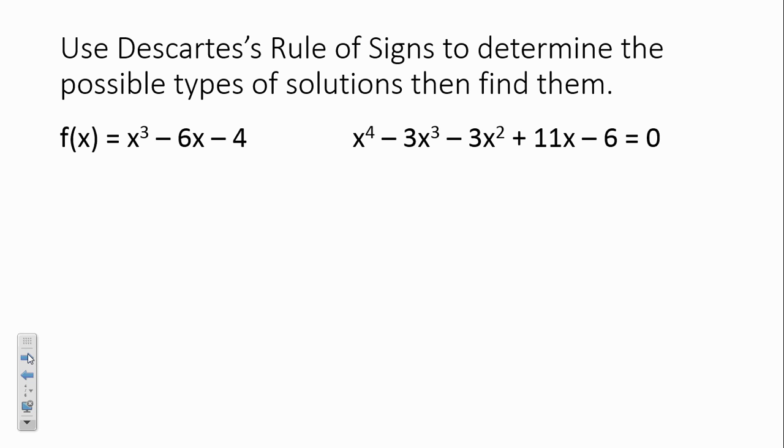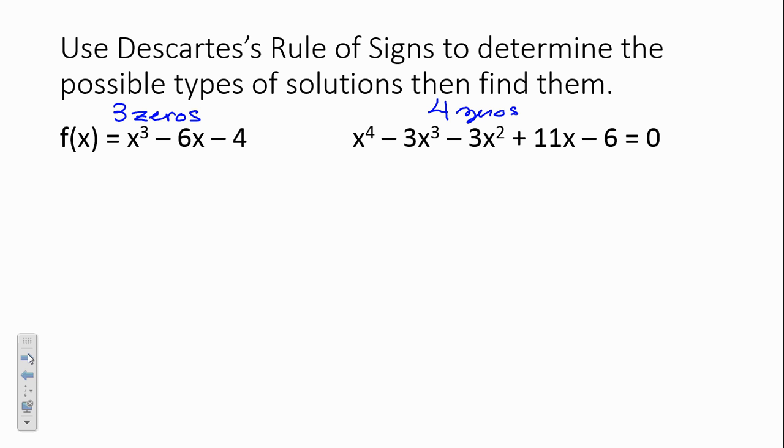So let's figure out, first of all, how many zeros there are, and then what kinds of zeros they could be. So first one, how many zeros? 3. 3 zeros. How many zeros for the second one? 4. 4. Okay.